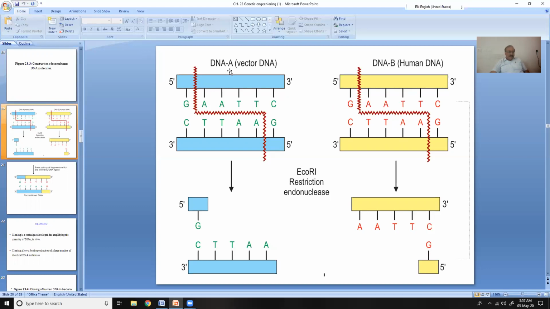It is DNA A, a vector DNA. DNA B is human DNA. It is G. It is restriction endonuclease, cutting after this terminal G.